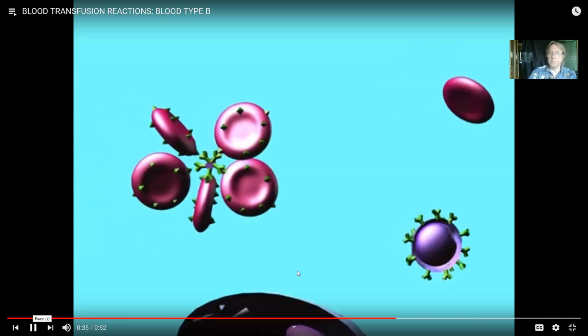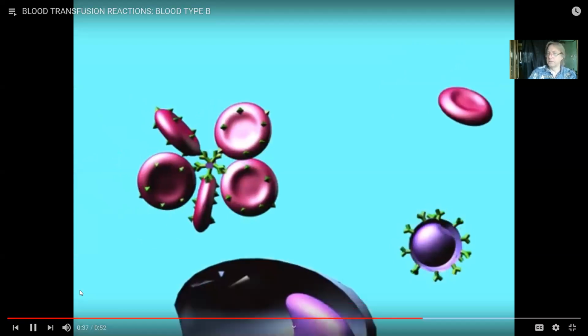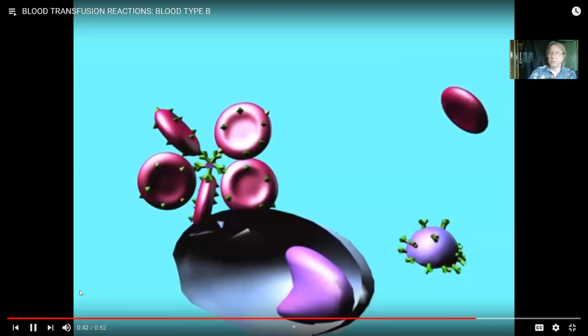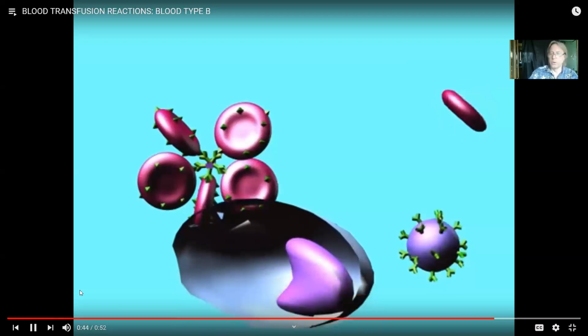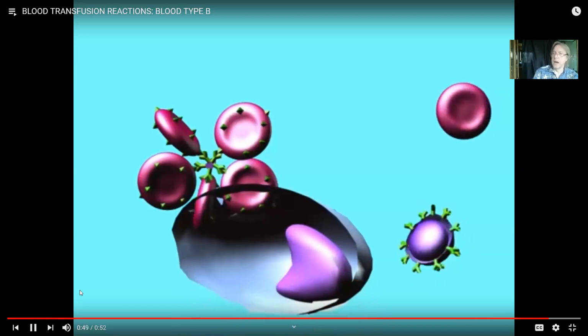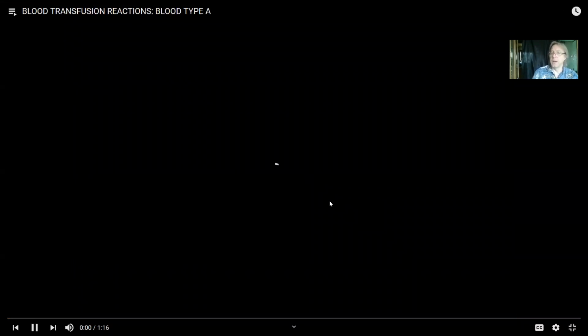Now, clumping is bad, and then this white blood cell, this monocyte, can come along and start to do phagocytosis, destroy all of this. So we would have a reaction against a blood transfusion which had green triangles on it, a blood type B transfusion.